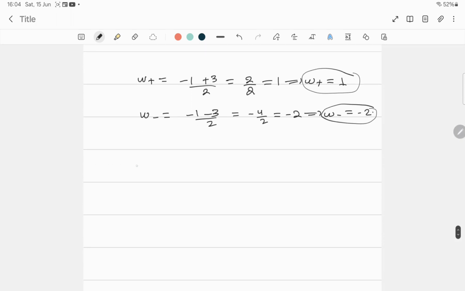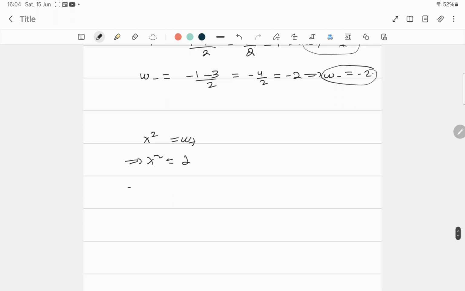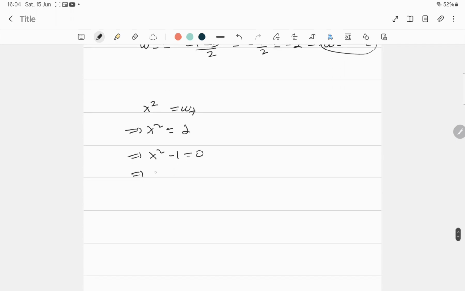But I have to switch back to the original variable: x squared equals omega plus, so x squared is equal to 1. So I have to solve this equation. It's a difference of squares, this can be written as 1 squared. So I have the product x minus 1 times x plus 1 equal to 0.